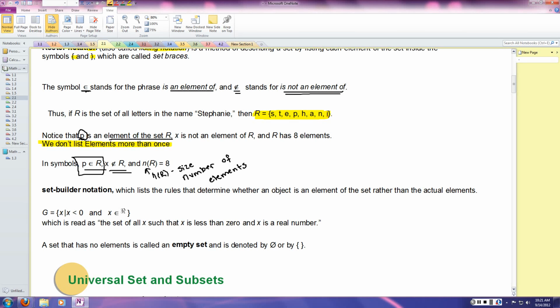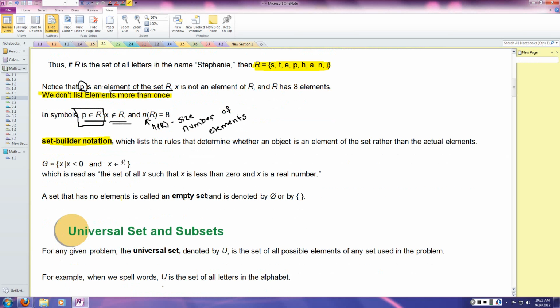Okay. The next type of notation that's possible to see is set builder notation. Set builder notation comes in handy when your sets are infinitely long, meaning there are an infinite number of elements in the set.